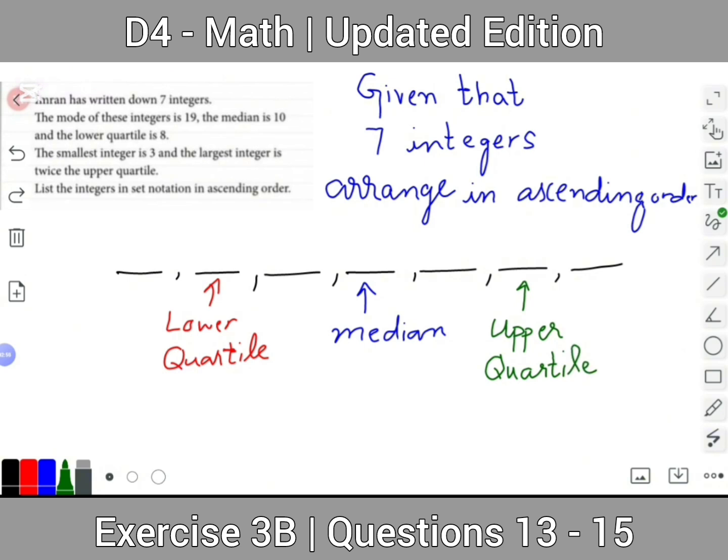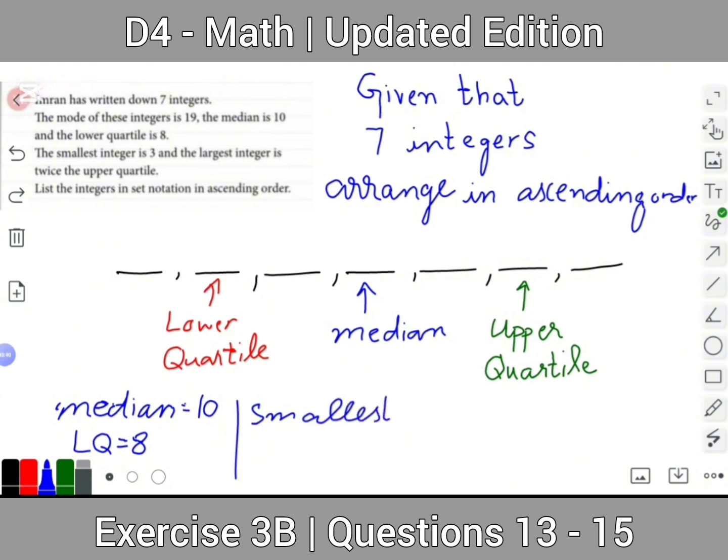And now it is given that the median is equal to 10. The lower quartile is equal to 8, and the smallest integer is equal to 3.